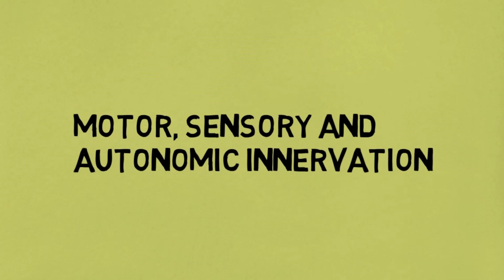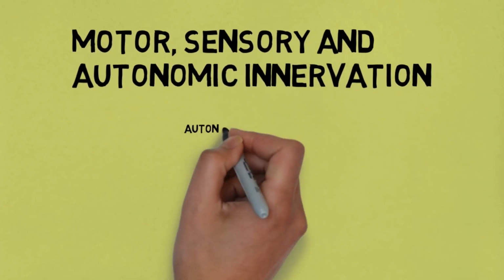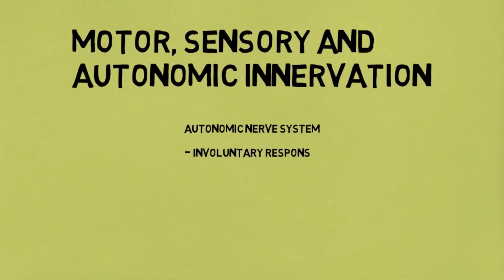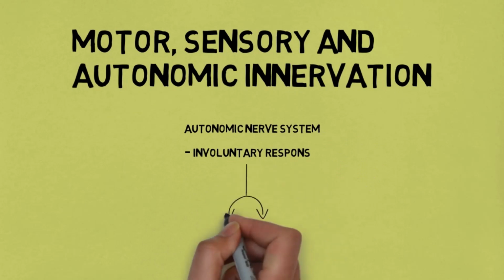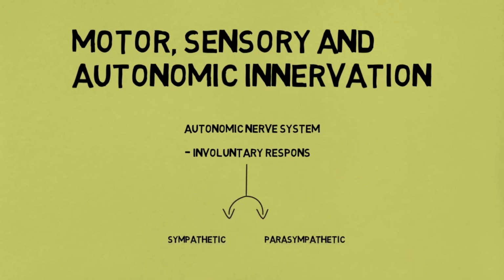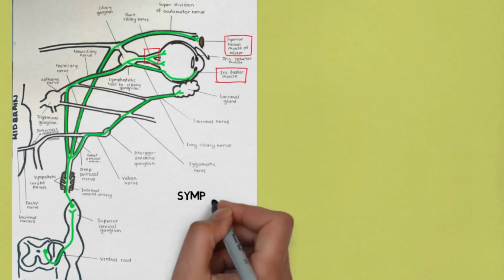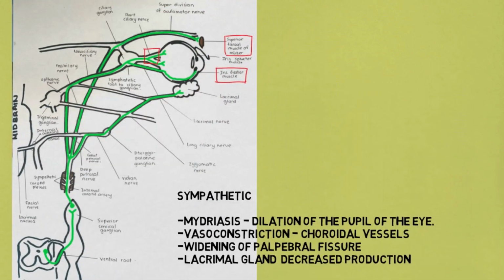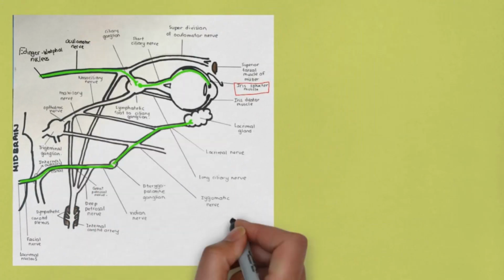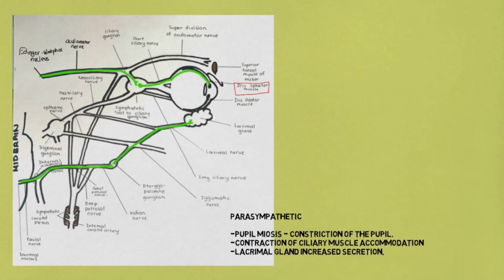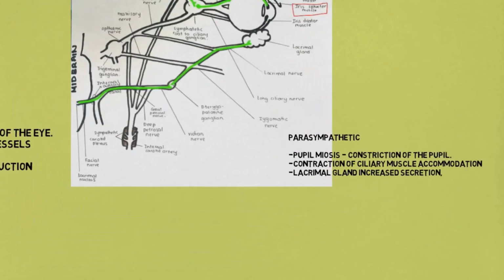Motor, sensory, and autonomic innervation. Examples for sympathetic division are pupil mydriasis, vasoconstriction, widening of palpebral fissure, and lacrimal gland decreased production. For parasympathetic division, pupil miosis, contraction of ciliary muscles, and lacrimal gland increased secretion.